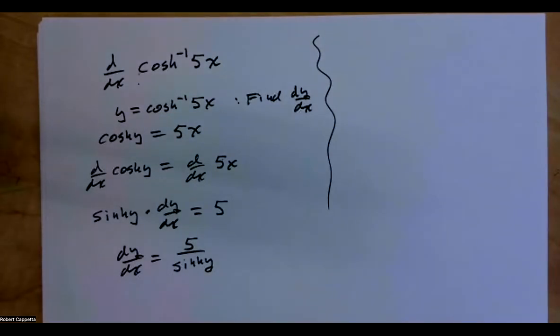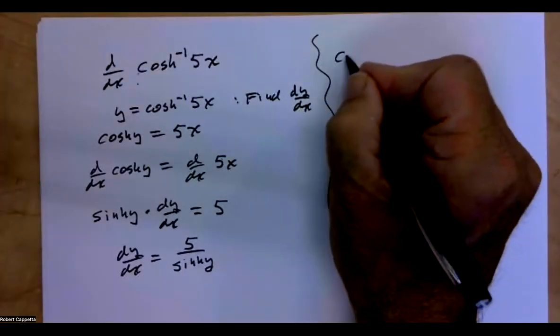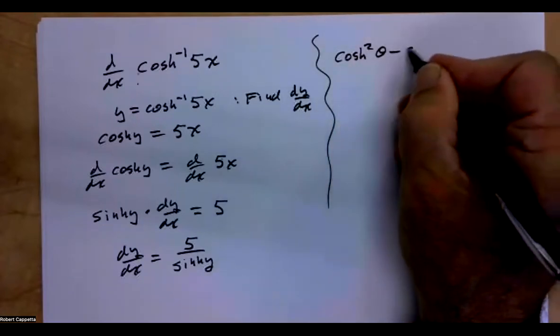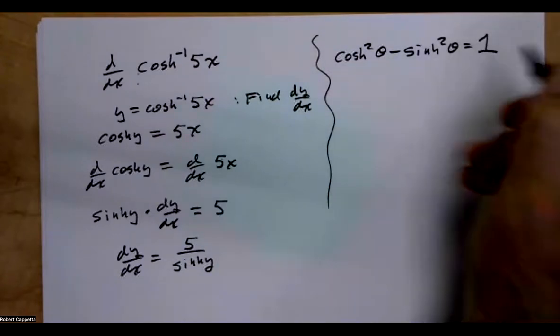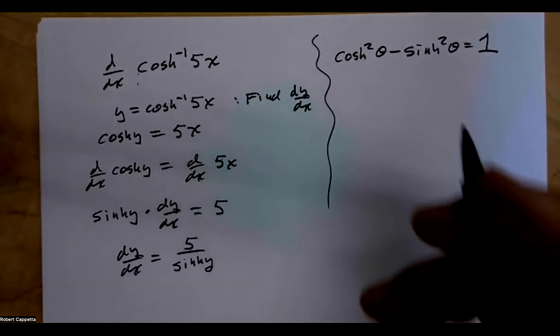We have to remind ourselves of our basic identity in hyperbolic trigonometry, which I'll write with thetas just to use a different variable. Cosh squared theta minus sinh squared theta is 1. So what will that give me?